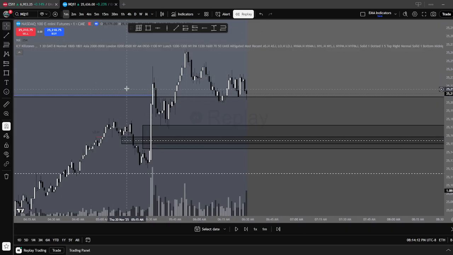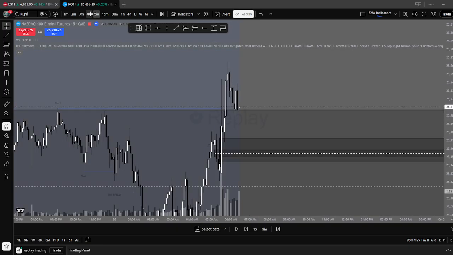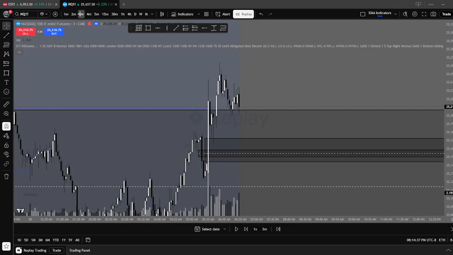Okay, on the 1 minute, what are we looking for? Let's see. We're looking for PD array and then the highest time frame inversion. So, are there any better inversions on the top side of this? 3 minute.